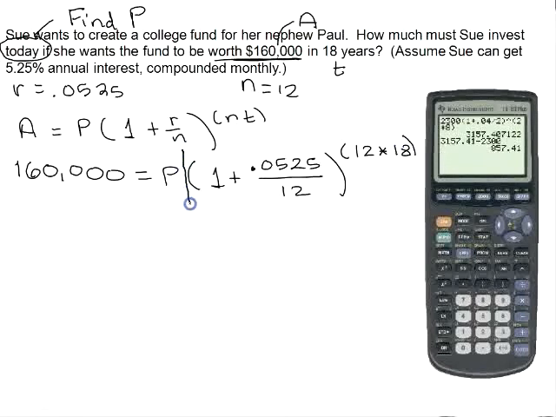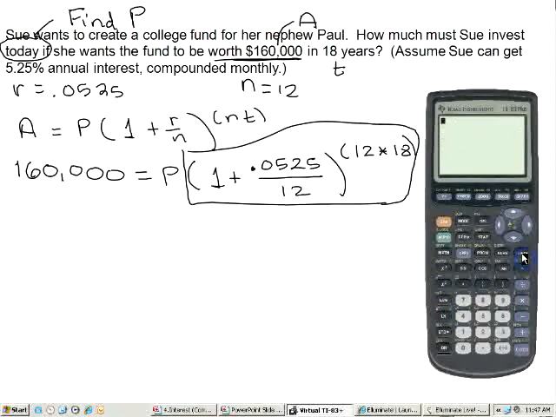Now what we're going to do is take what's inside this box and type it into our calculator. Open parentheses, 1 plus 0.0525 divided by 12, close parentheses, raised to the open parentheses, 12 times 18, close parentheses.